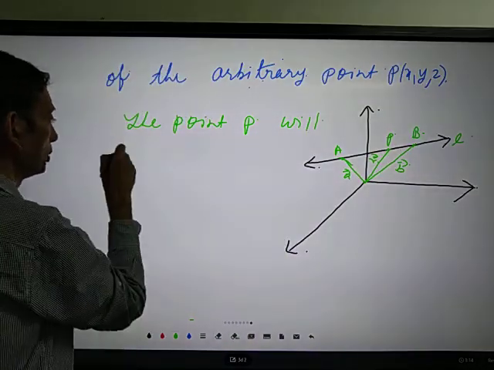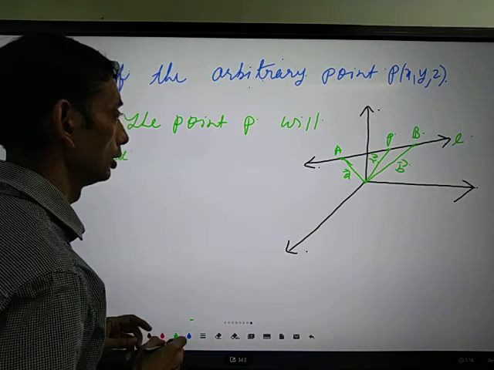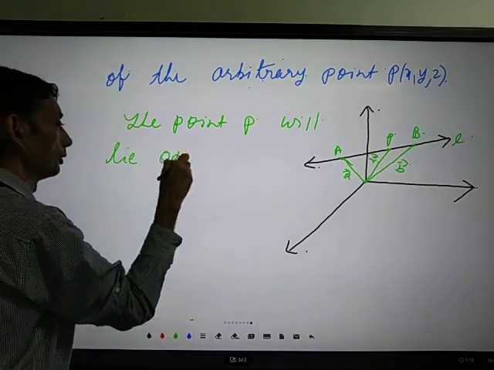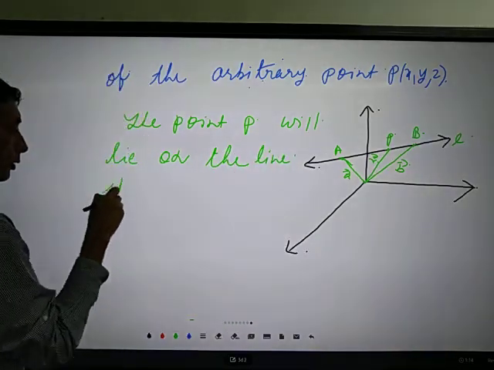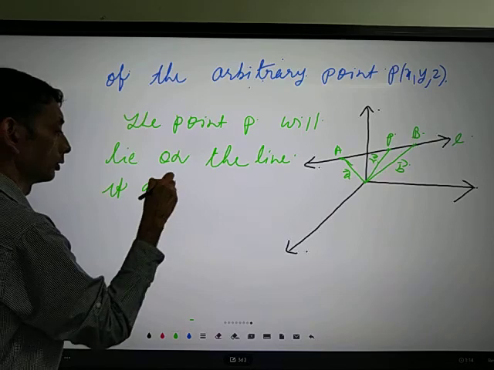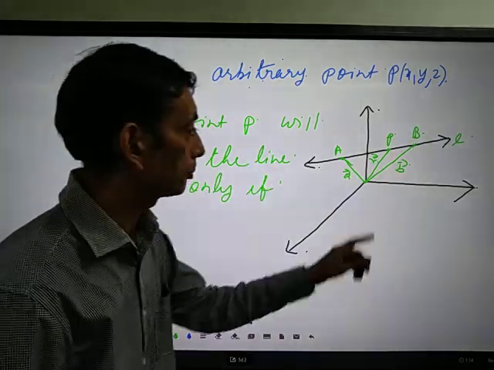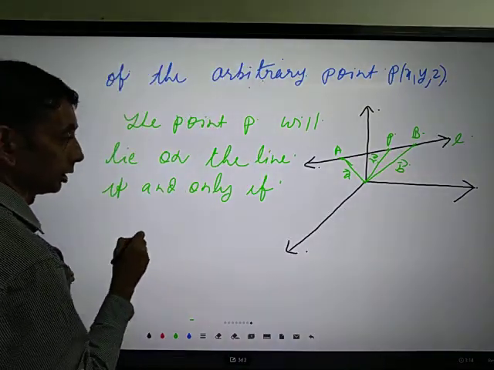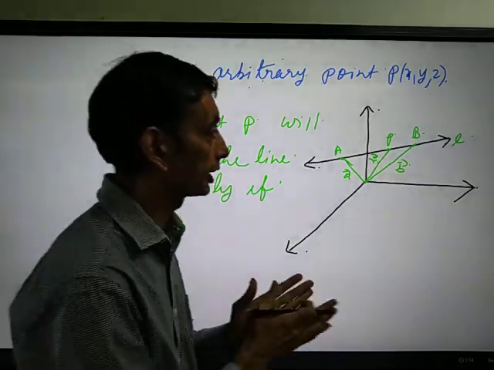The point P will lie on the line if and only if vector AP will be collinear with AB.